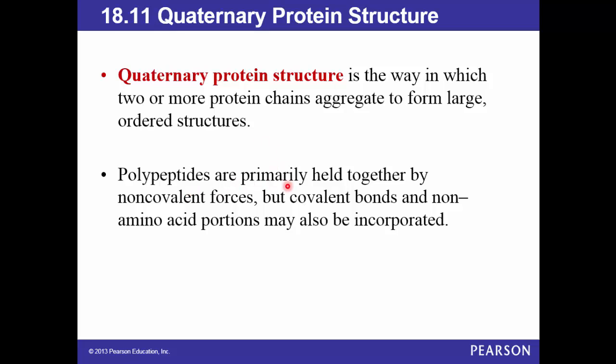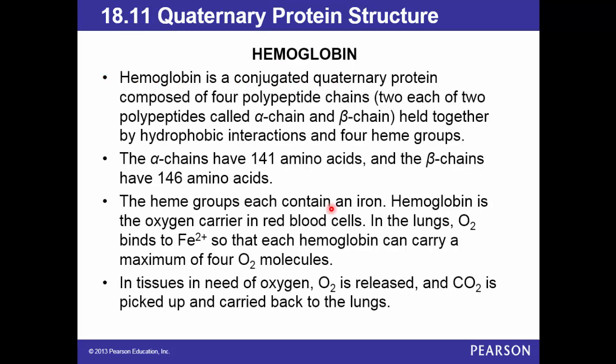Now, polypeptides are mainly held together by non-covalent forces, but covalent bonds and non-amino acid portions may also be incorporated. So the types of forces that tend to stabilize the quaternary structure are all non-covalent forces.